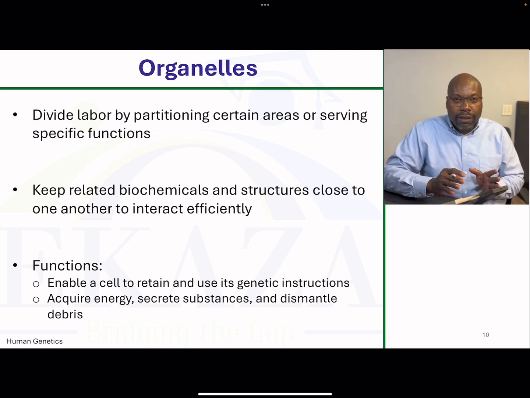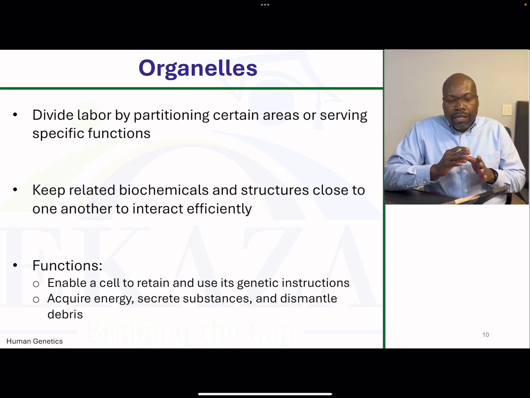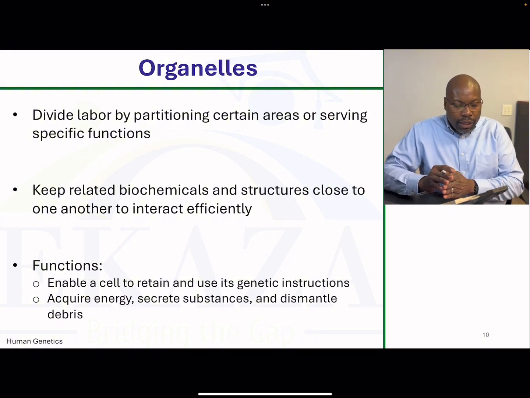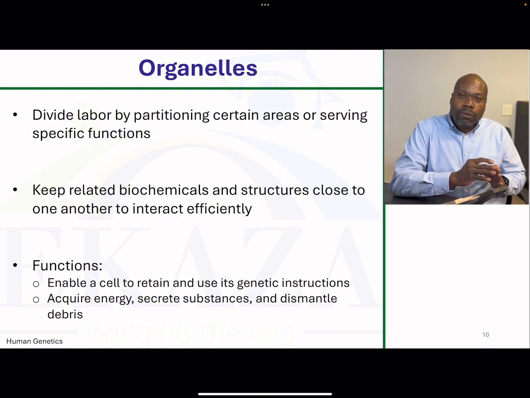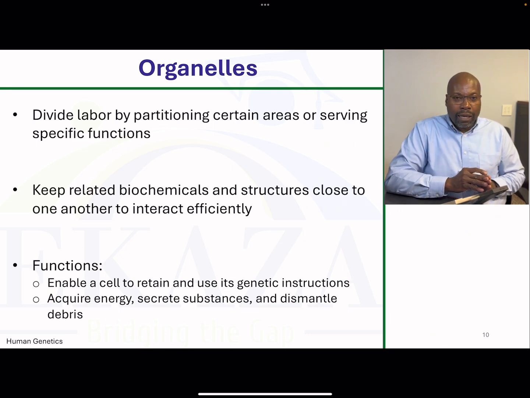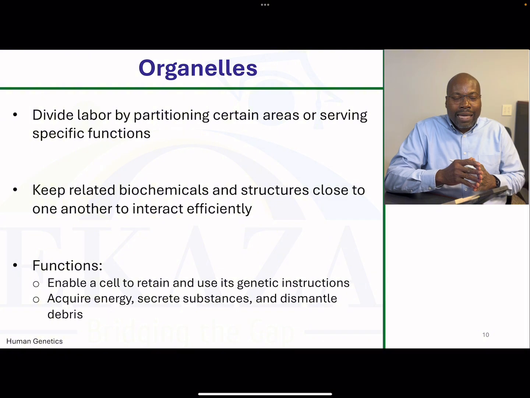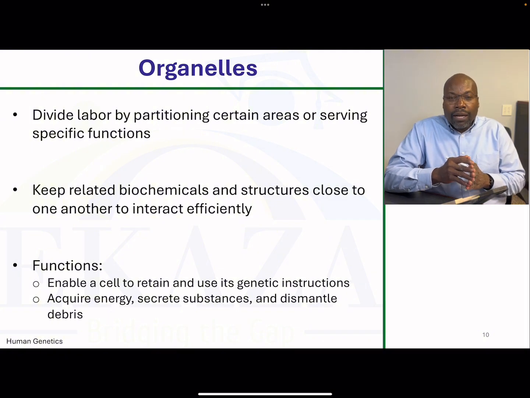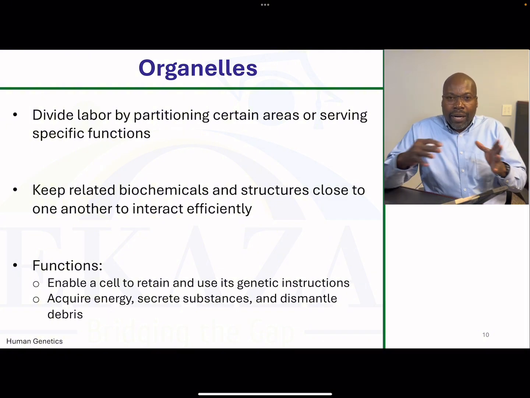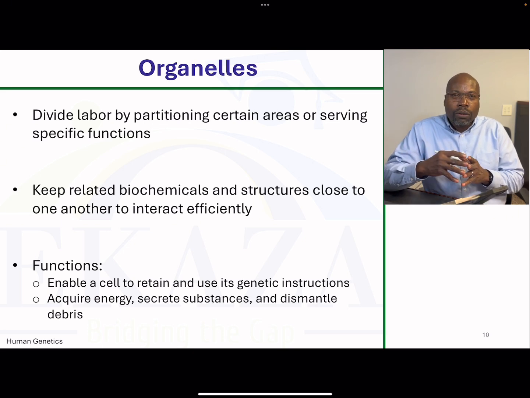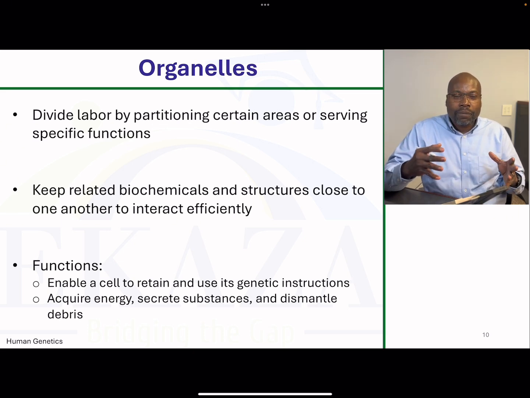Now, the organelles are defined as structures in the cell that perform a very specific function that another structure is not performing, right? These organelles are essential because they allow eukaryotic cells to separate different chemical reactions to optimize the functioning of the cell.